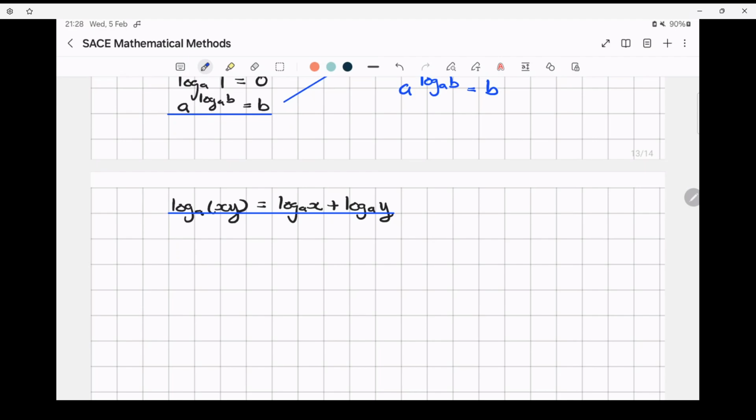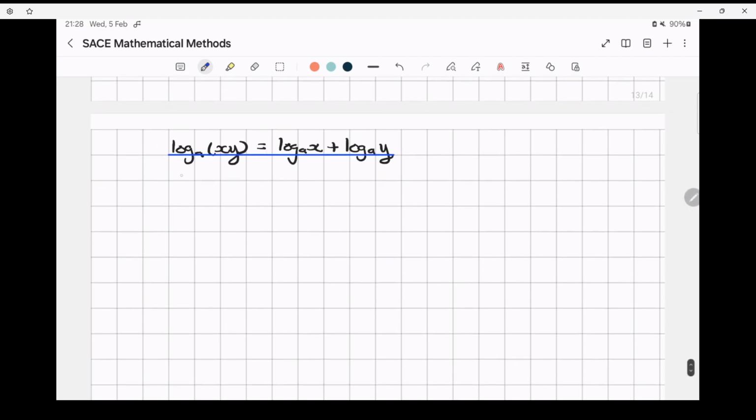The proof of this comes from the top here. So I let a power m equal x, a power n equal y. Yeah, that should do.